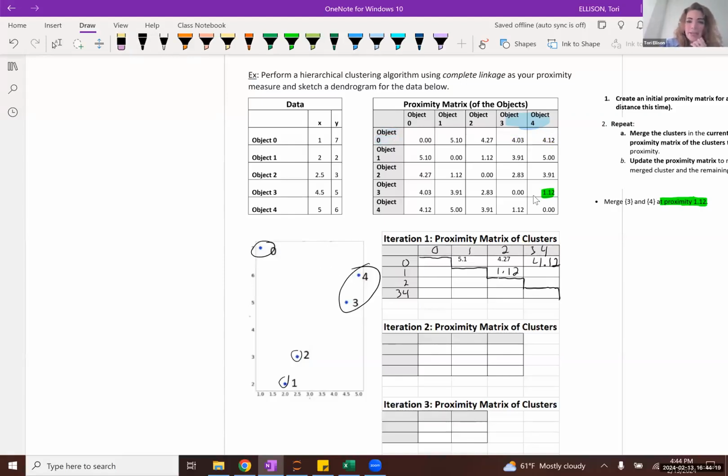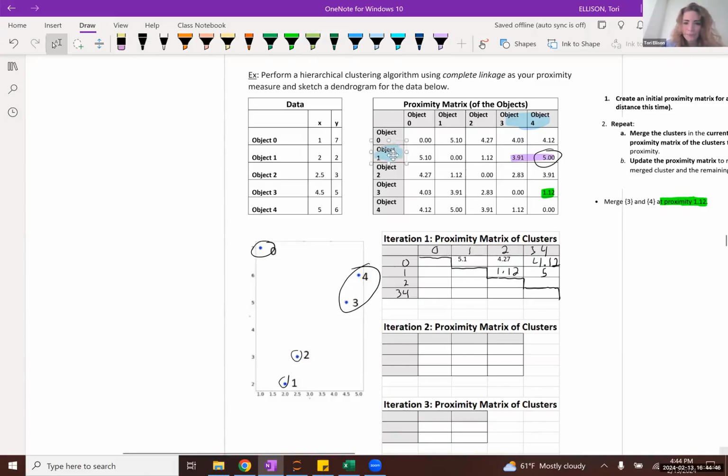And the distance between cluster 1 and 3, 4 is now going to be the distance between the 2 furthest away points in those 2 clusters. So that's now going to be 1 and 4 at a distance of 5. Okay.